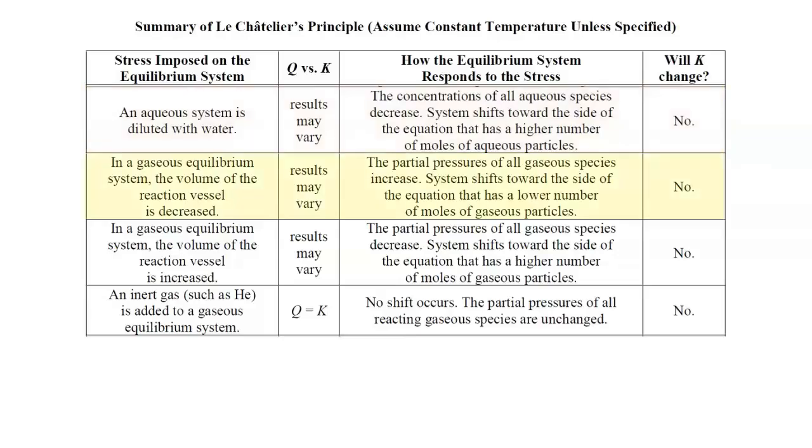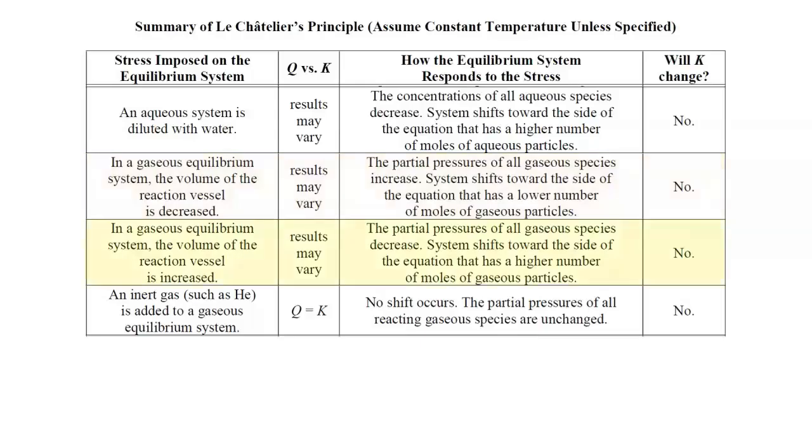What if you have a gaseous equilibrium system and the volume of the reaction vessel is decreased? Again, how that affects Q versus K, results may vary, but the partial pressures of all gaseous species increase. The system will shift toward whichever side of the equation has a lower number of moles of gaseous particles.